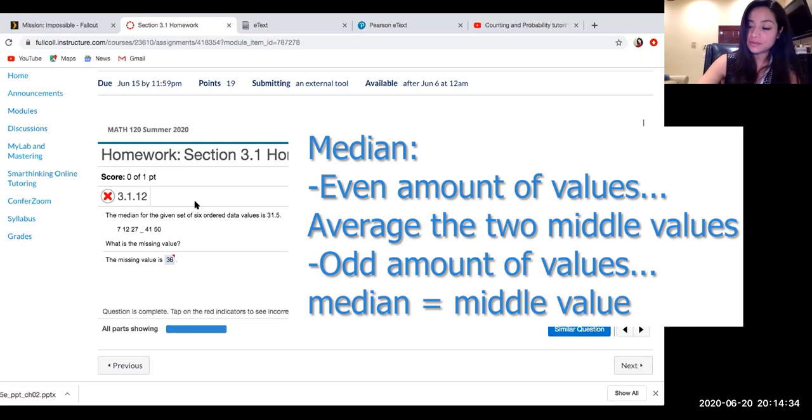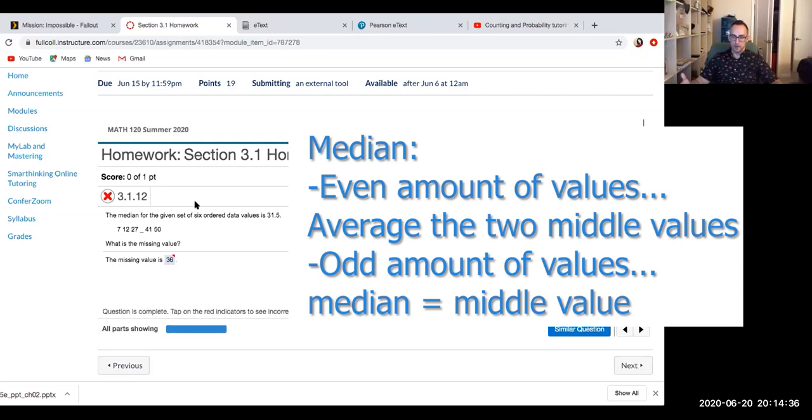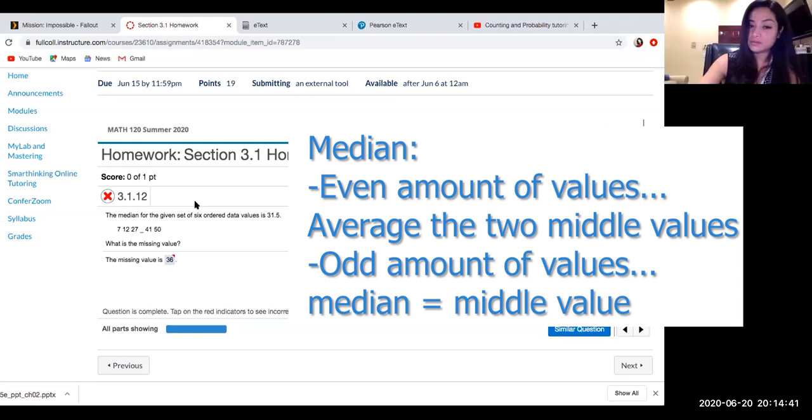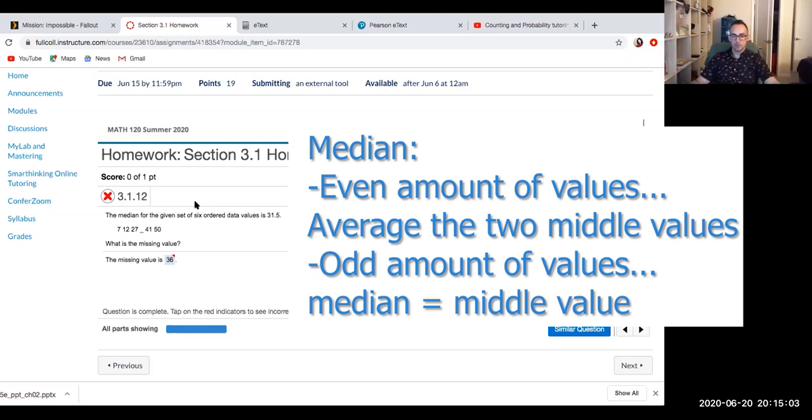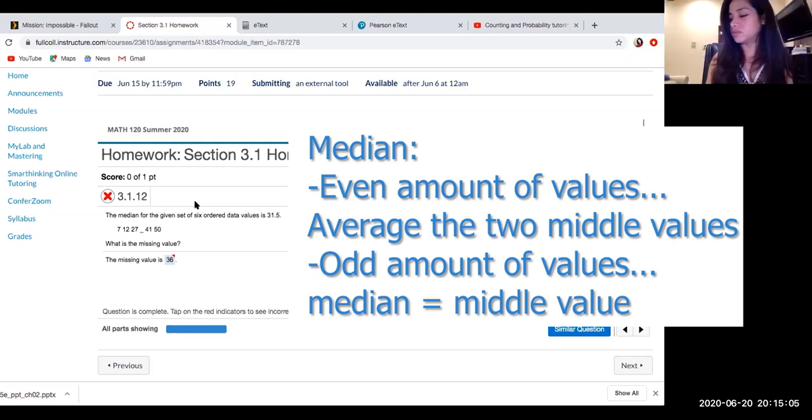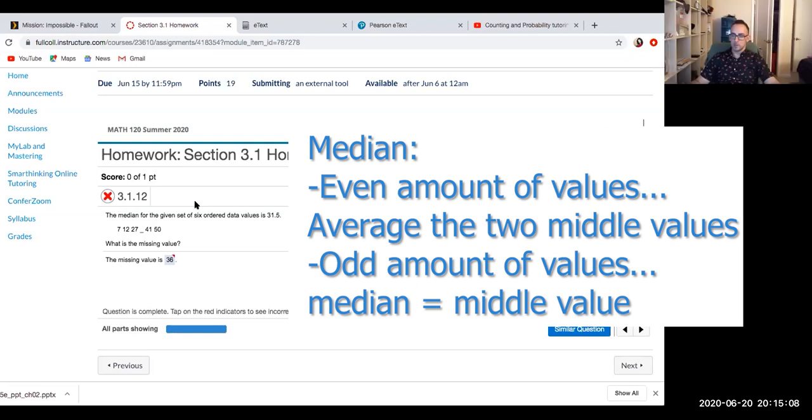Okay, so same thing here. There's 6 values. 27 plus x divided by 2 equals 31.5. Multiply by 2 to cancel the 2 also. I got 63.